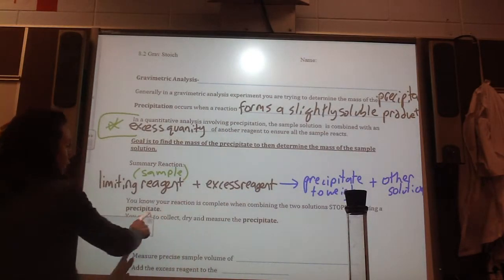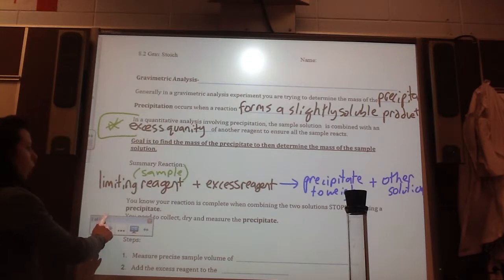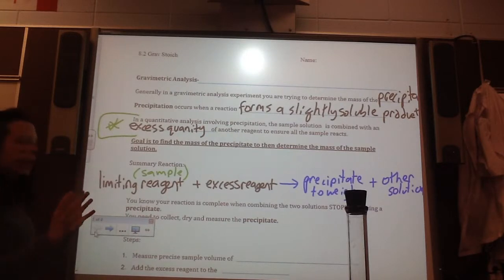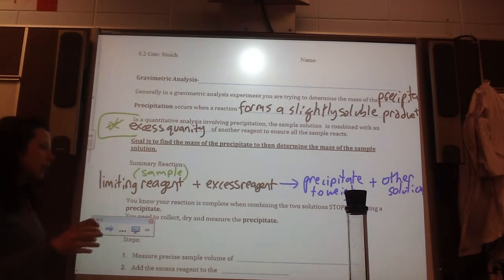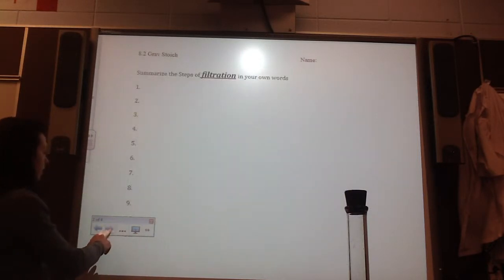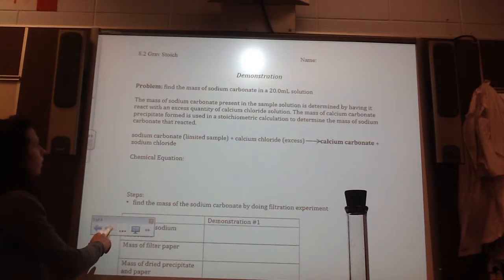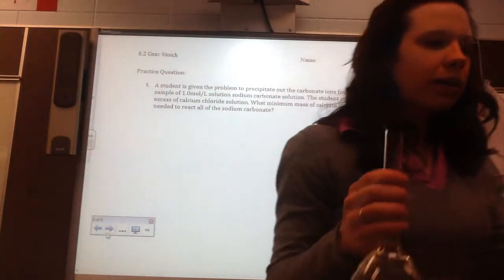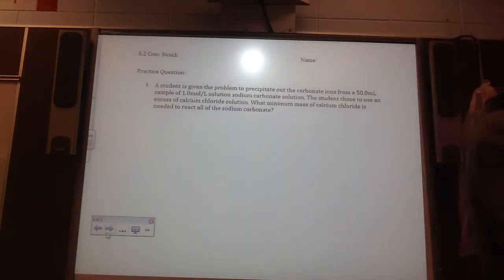You know your reaction is complete when combining the two solutions stops producing a precipitate, so there's no more cloudiness. Then you need to collect, dry, and measure the precipitate. I'll tell you how to do that in detail, but first let's go to the practice question, so that you have an idea of the big picture with these questions.